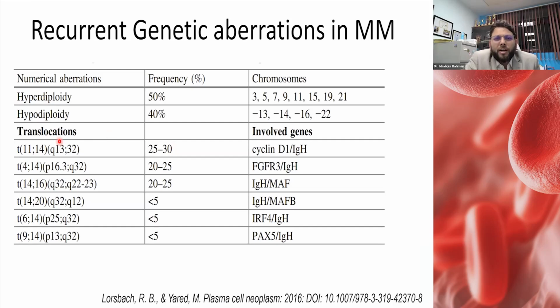The five common translocation partners are cyclin D1 on 11, FGFR3 and MMSET at chromosome 4, MAF at chromosome 16, MAFB at chromosome 20, and IRF4 at chromosome 6. These are the five most common partners in case of IGH translocation.